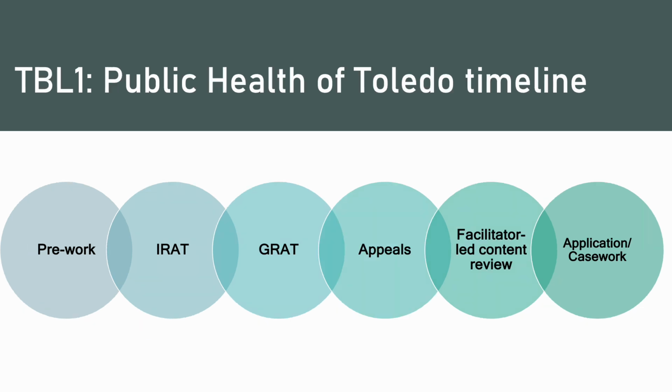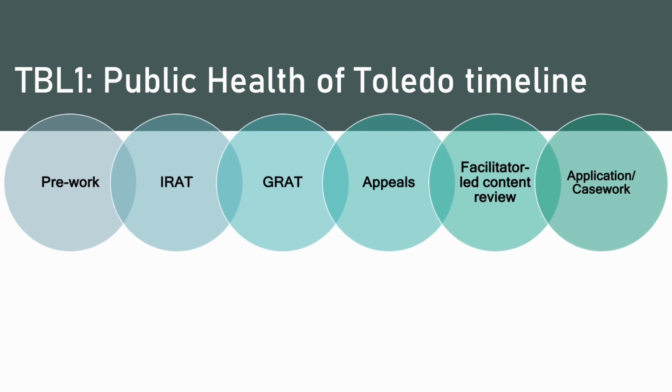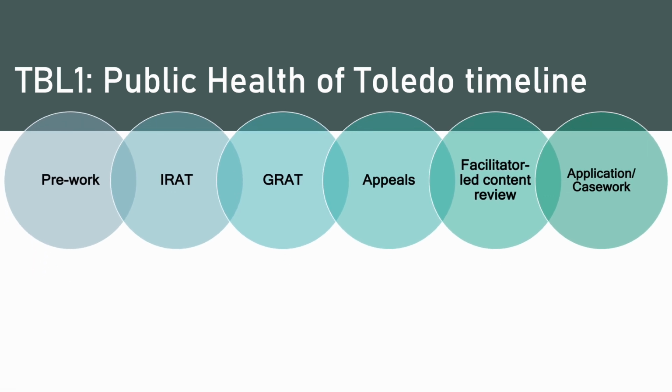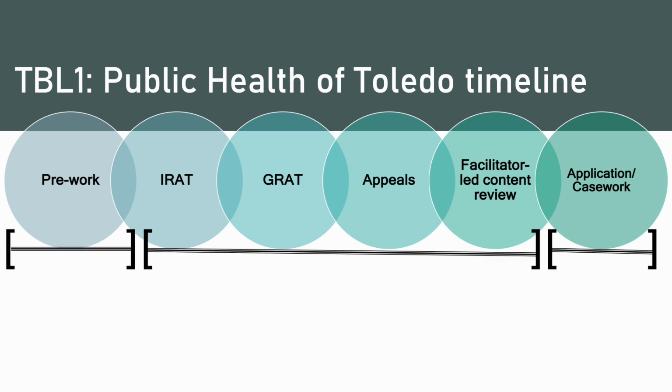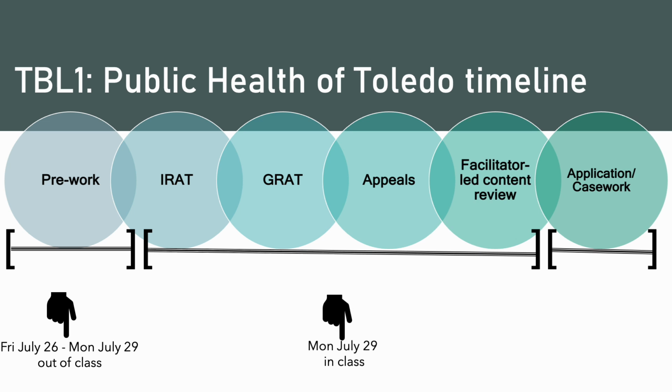Okay, so this particular TBL is a little bit different. First, the IRAT and the GRAT are going to be the same assessment, and they're going to be taken in class. Secondly, the application for this TBL is also a little bit different. You and your group are going to have several weeks outside of class to collectively develop a reflective writing submission.